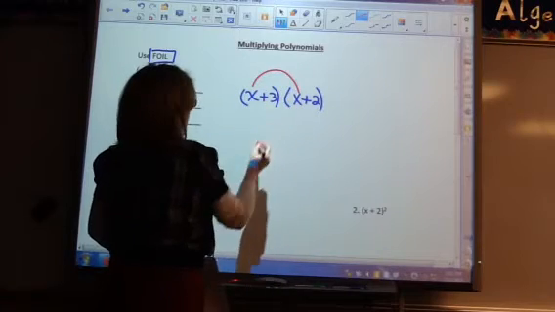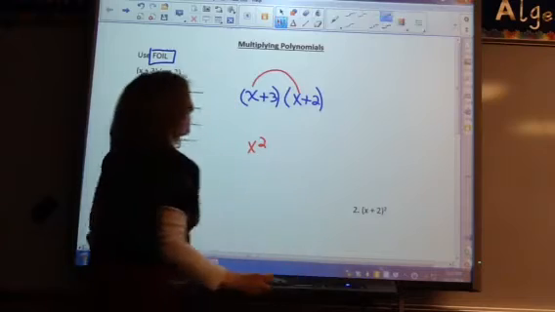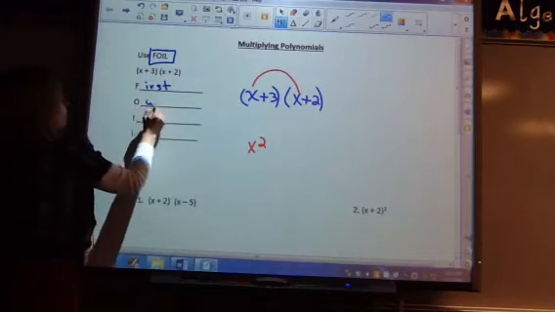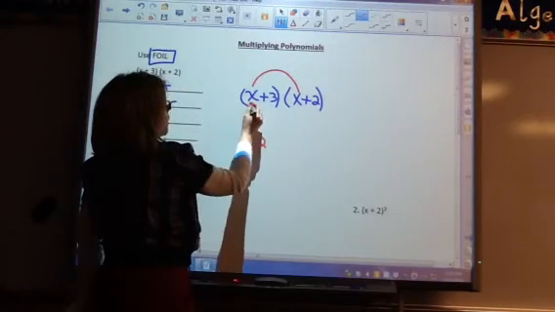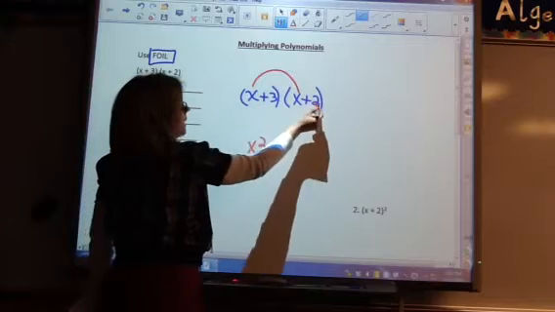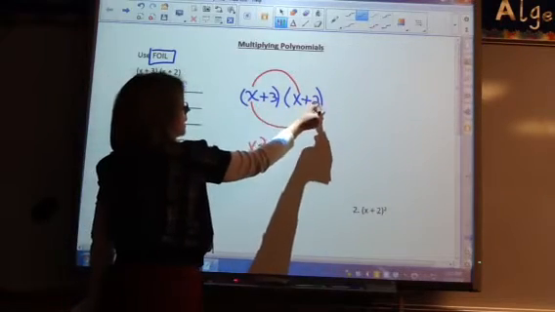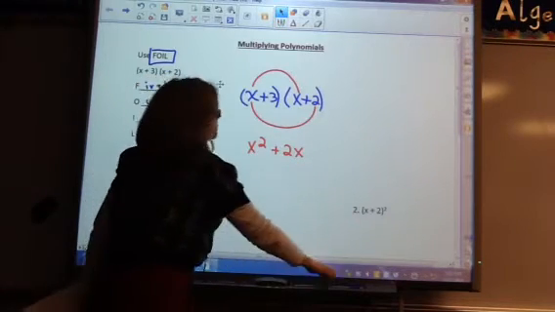Alright? So x times x is x squared. And then the O stands for outer. That means this first term times the outer on the second one. So x times a positive 2 is a positive 2x.